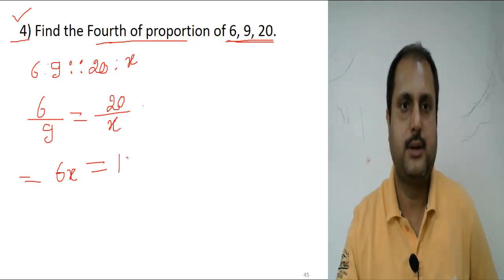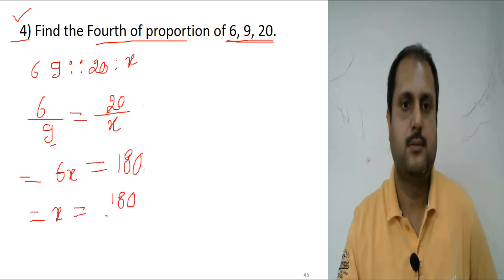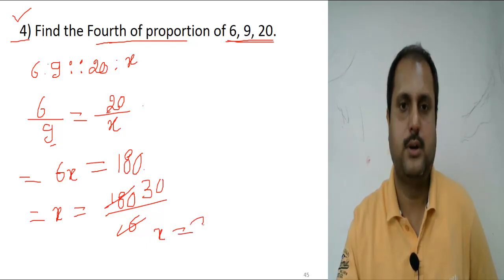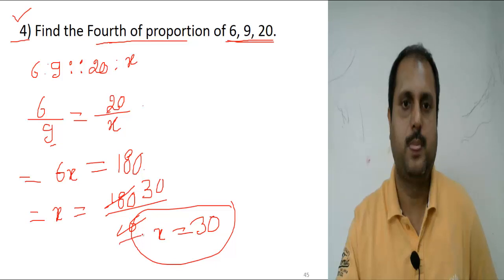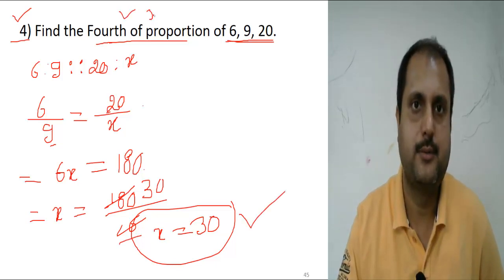So what will be 180? 9 twos are 18, then 0. Then x would be 180 by 6. 6 threes are 18, so 30. x equal to 30, and this would be the fourth proportion. So the fourth proportion is 30.